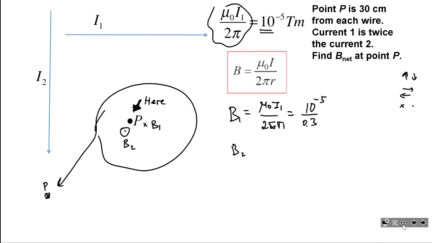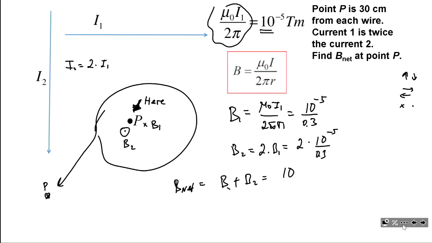And B2 is different because electric current number 2 is twice stronger, higher. But if the distance is the same, B2 will be twice as high as B1. So 2 times this factor. So what do we do now? Well, B net is equal to B1 plus B2, 10 to the negative 5 over 0.3, plus 2 times 10 to the negative 5 over 0.3.